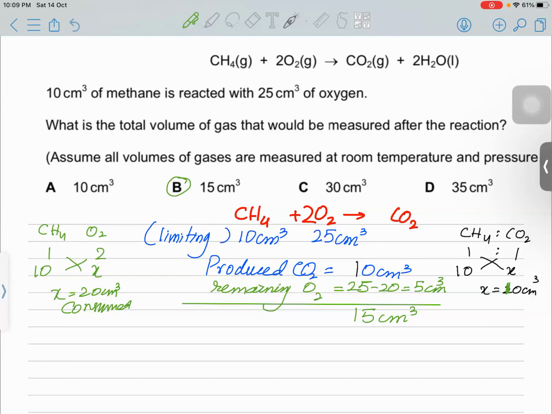How do we know the consumed oxygen is 20? You know that by the mole ratio. The ratio is 1:2. If this is 10, it would be 20.